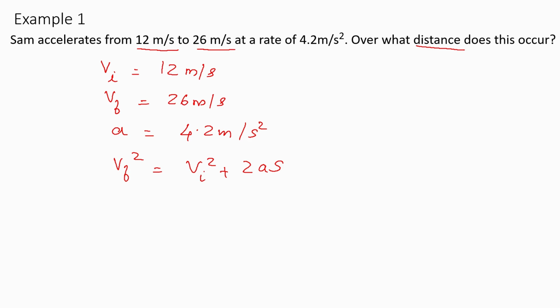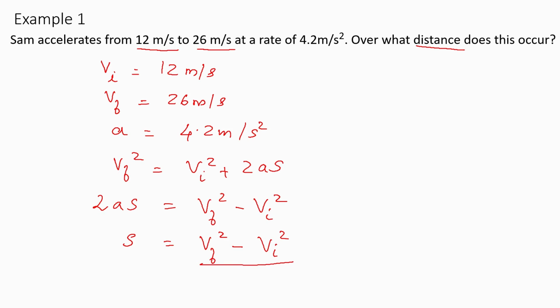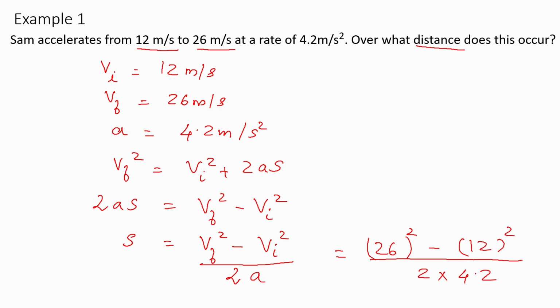S stands for distance. So on rearranging, we can write 2AS is equal to Vf square minus Vi square, and S is equal to Vf square minus Vi square divided by 2 times A. Now substituting the values of these variables, we get 26 square minus 12 square divided by 2 times 4.2 meter per second square, which on calculation gives the value of distance equal to 63 meters.